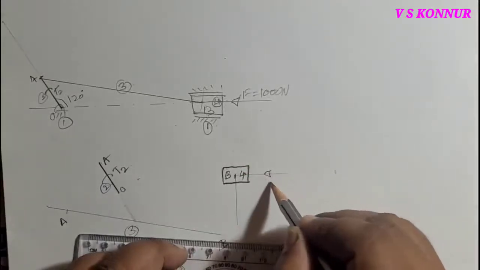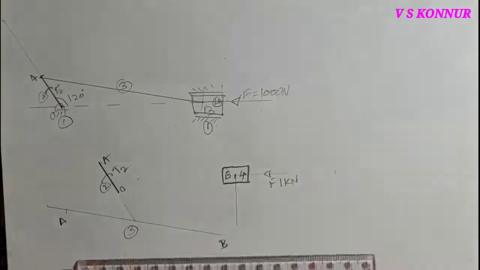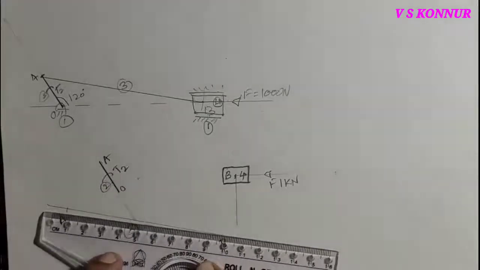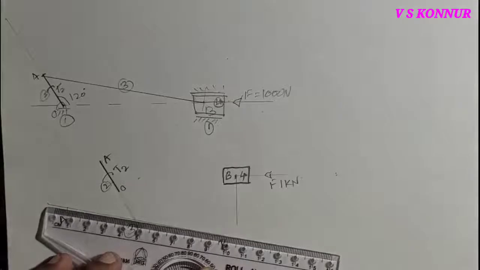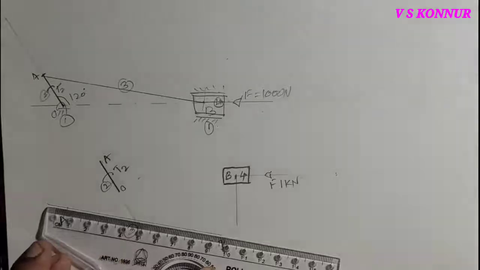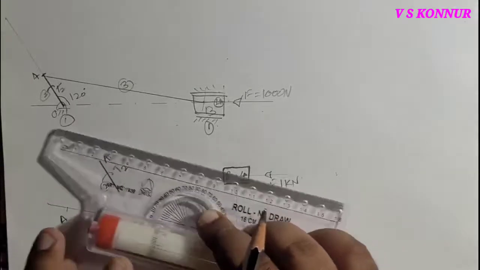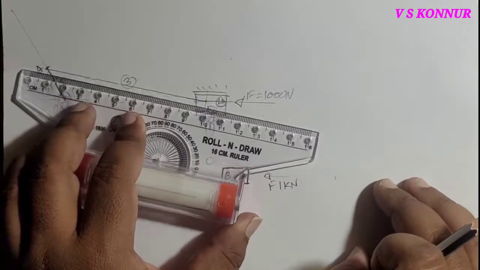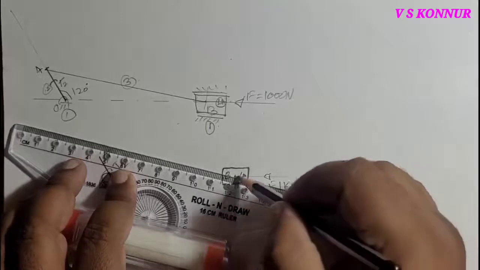For this, draw the 90 degree line, because both are perpendicular to each other, just for showing. This is the force F acting, 1 kN, and another force is parallel to this. Another force acting is parallel to this. Move slowly and draw at this point, or you can take this and move the roller scale, and draw from this point.